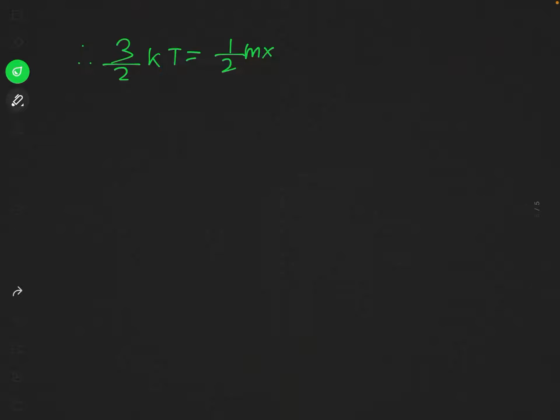But VE is the square root of 2gR, so when you square, this will be simply 2gR. This 2 and this 2 will cancel out, and so 3 over 2 kT is equal to mgR.